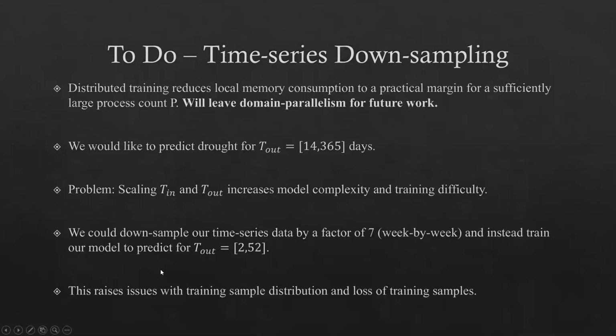And by doing so, we could instead train our model to predict for time steps 2 to 52, which would certainly alleviate some of the gradient issues, or make them less of an issue at least. But there are some problems with this that I'll get into now. Namely that it complicates the distribution of the training samples, as I showed before in the distributed training model. And it does result in the loss of some training samples.